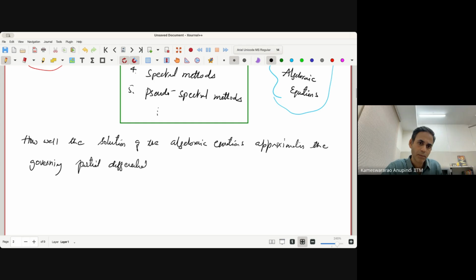Okay, how well this solution of the algebraic equations approximates the governing partial differential equation. So we call this particular error the truncation error. Okay, we represent it using TE.